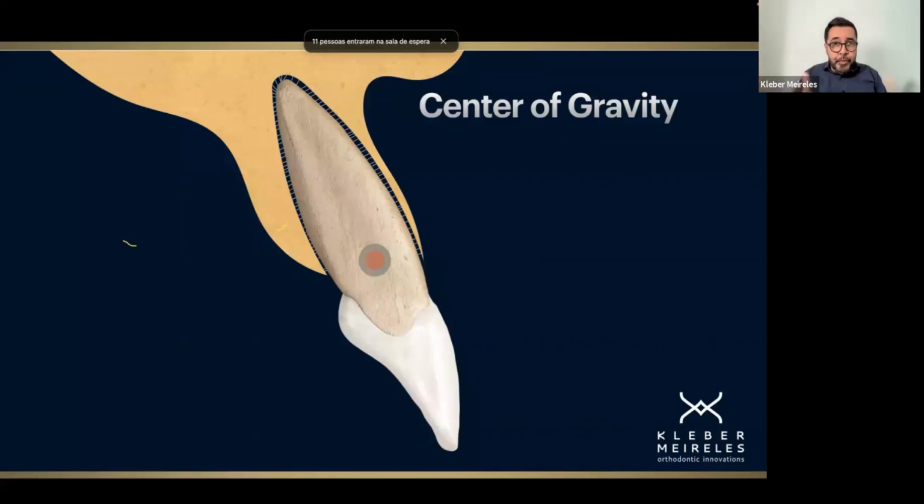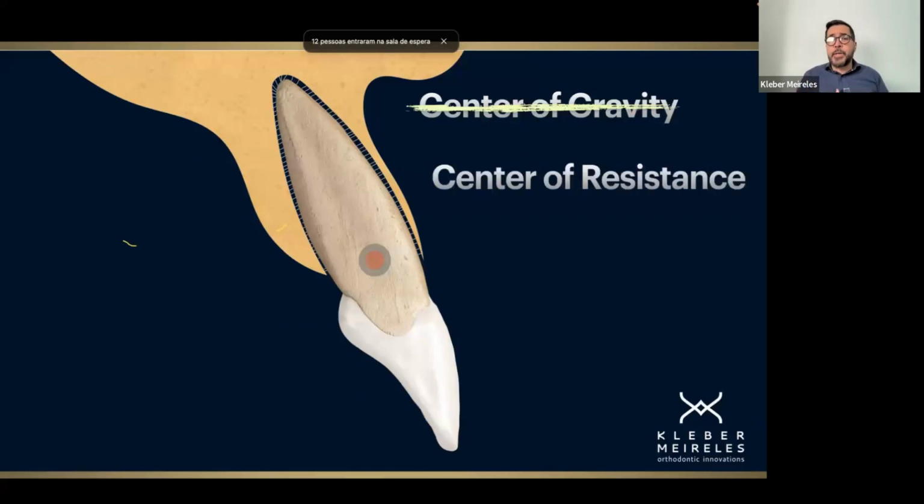Our tooth is not free in space, as we know. It is attached to the periodontal ligament, to the bone, to the gingiva. So we know from research that the center of, in this case, not gravity, the center of resistance of this specific body that we are moving is located at some point.